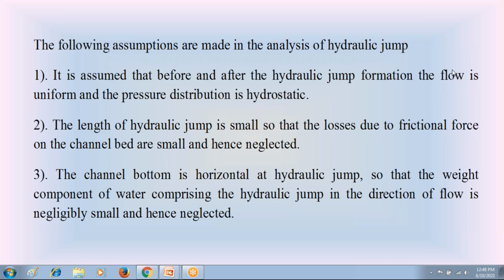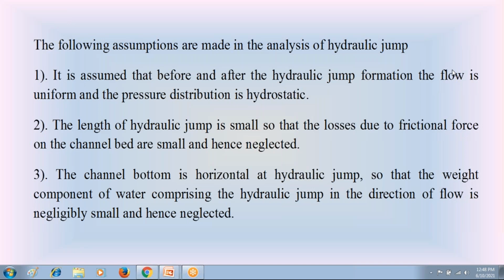Already we discussed this a number of times. In W sin theta, theta is the angle made by the channel bottom with the horizontal. If the channel bottom is horizontal, theta is 0. So W sin theta is 0.